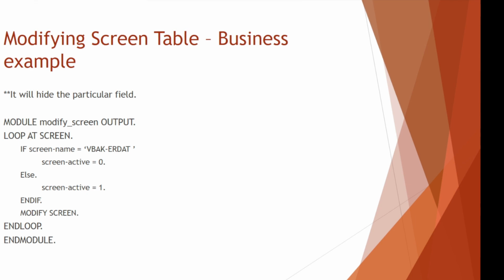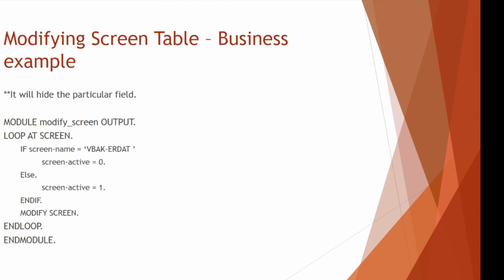If we are using the Created On field on our screen, the name of the field will be VBAK-ERDAT. If we want to change the attribute of any field, we have to check the name of the field first and then change the attribute of that field.